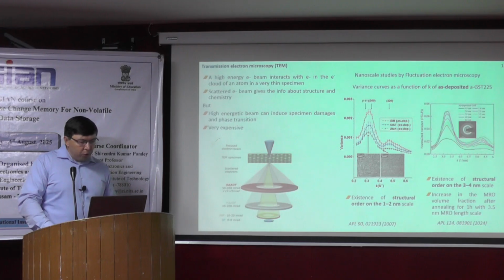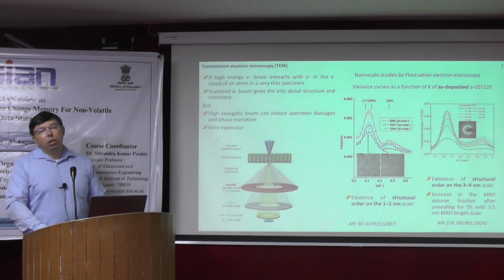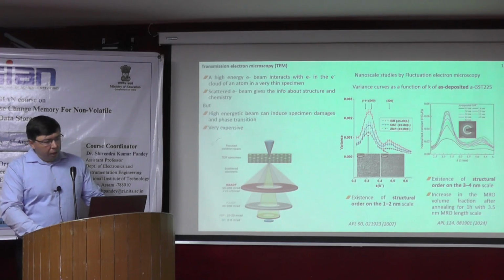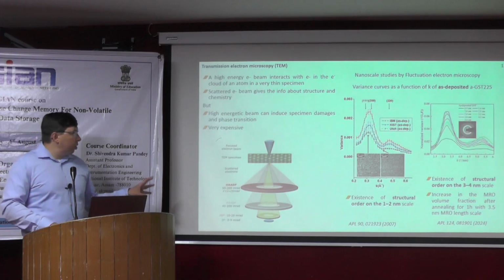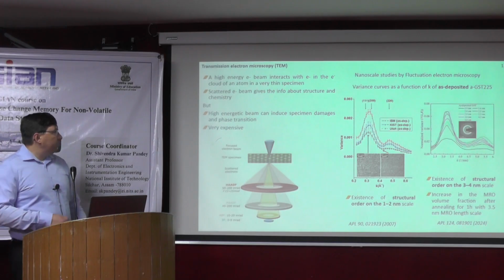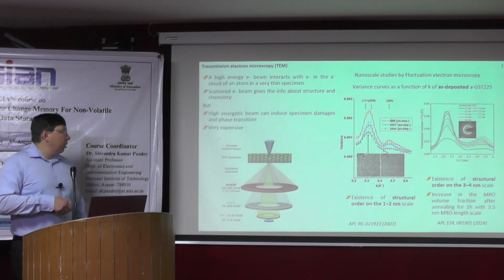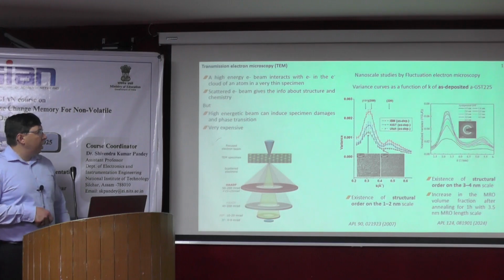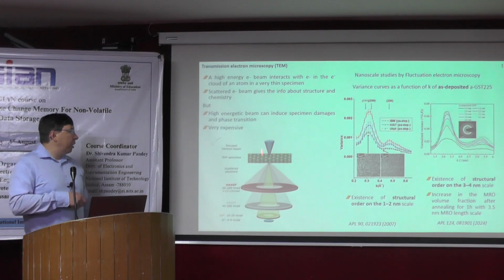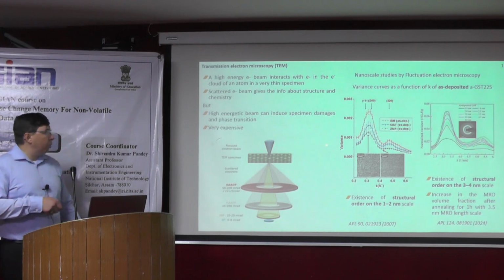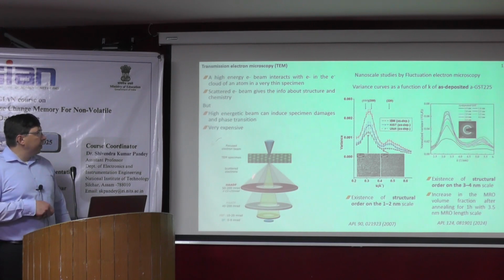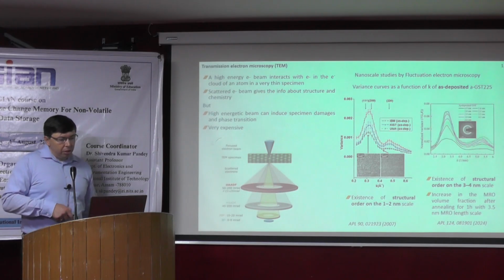So amorphous solids can also be studied by using transmission electron microscopy, TEM, and by specific methods. This is a short introduction to the TEM. In the TEM, you use a thin specimen, on the order of 100 nanometers, and then you illuminate this specimen by an electron beam, either a focused or parallel beam, and then you have several scattering processes underneath the specimen, and you can collect these scattered electrons and then study your material.